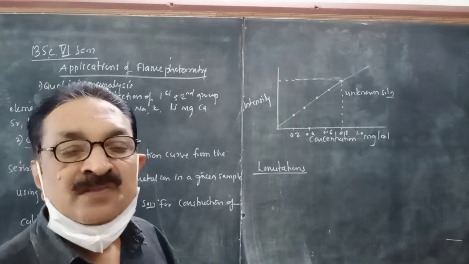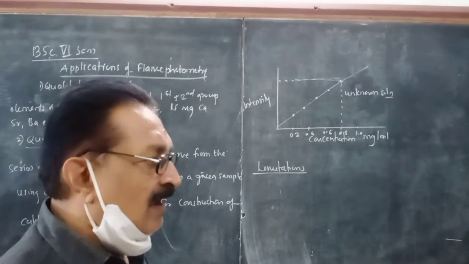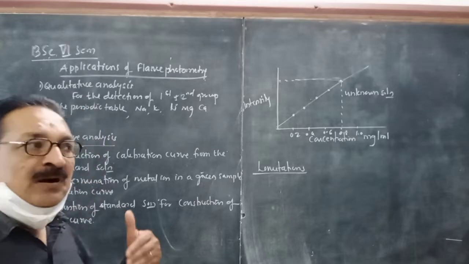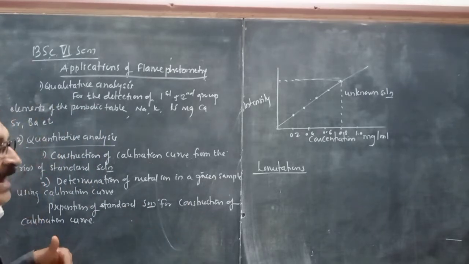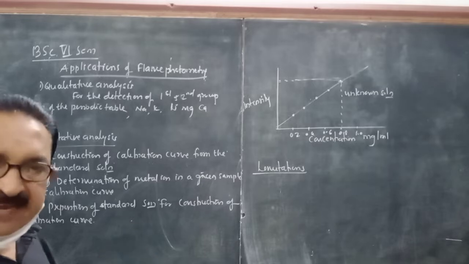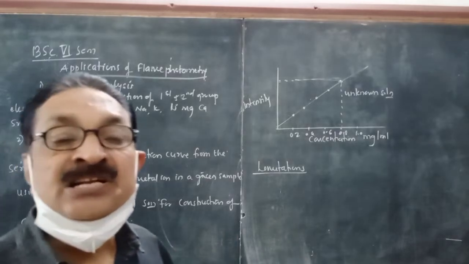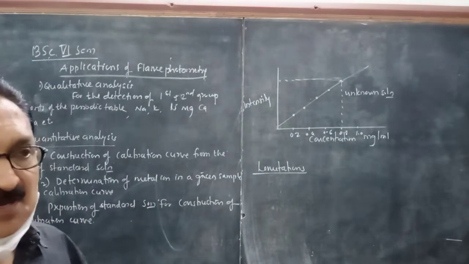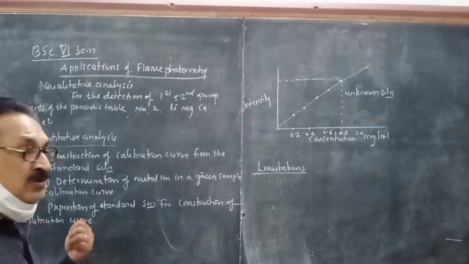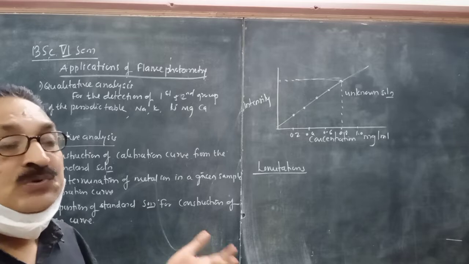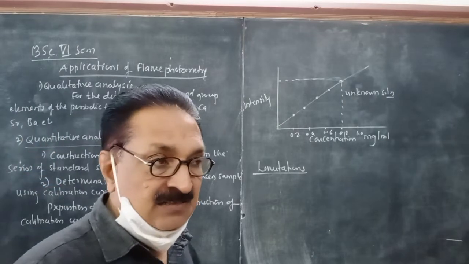Then the compound is converted into the form of atoms. These atoms absorb the energy and excitation takes place. Some metal ions absorb the radiations and reach the higher energy state.